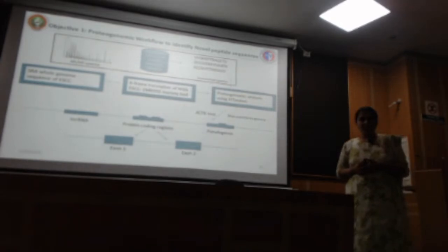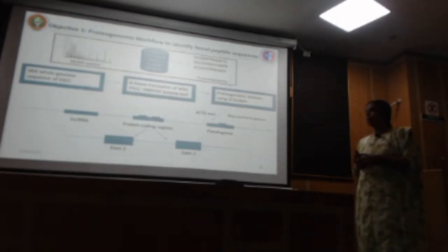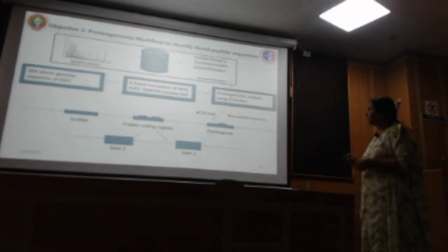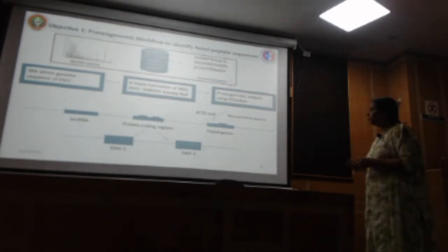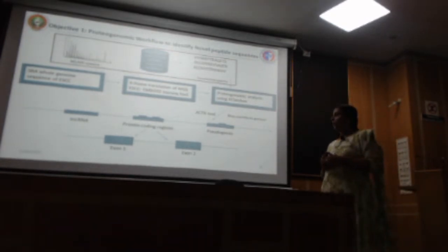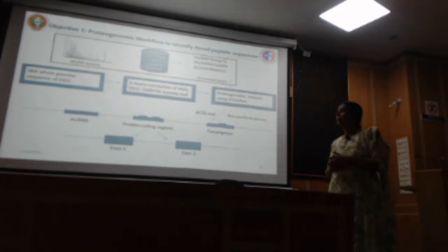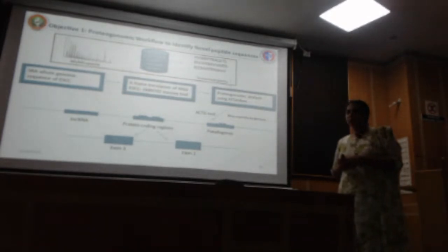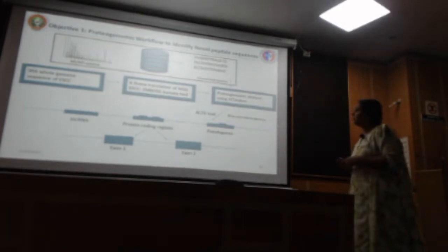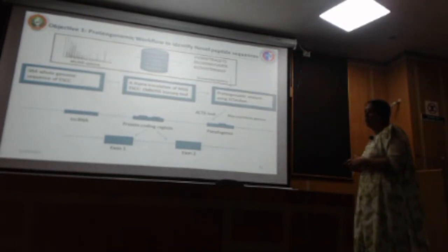This is the workflow which we have used to obtain the novel peptide sequences. It is divided into two sections: this is the first section and this is the second section. The second section is basically proteogenomic mapping, and the first section is to eliminate the already available protein sequence data. The mass spectrometry data for initial stages of cancer was obtained from the PRIDE archive and converted using MSConvert into readable MGF files, and then it was mapped against the already available protein sequence database.